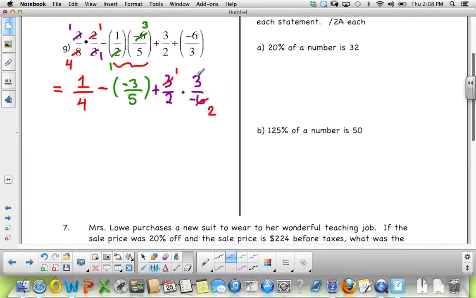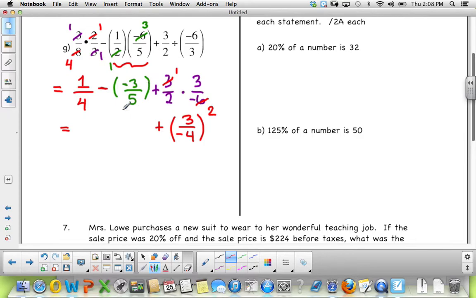I also could have just reduced this to 1/2. I could have reduced it up here. It doesn't matter. The reduction needs to be done at some point. Now this is a negative, so I have plus a negative 3 over 4.